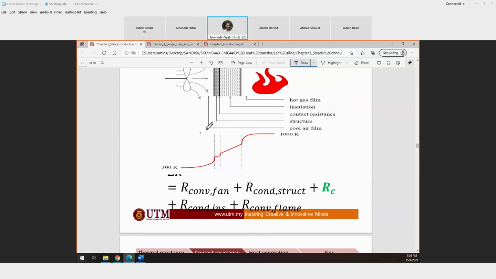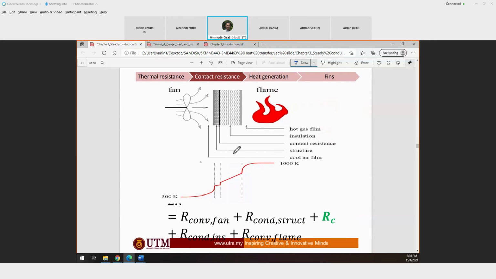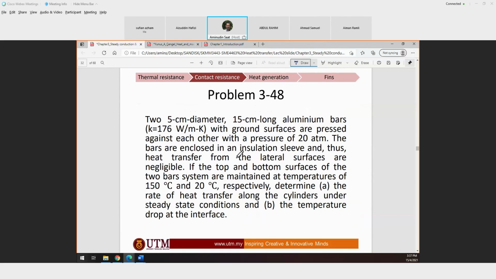Okay, so because there is a contact resistance between the insulation, okay, so you have this contact resistance. You need to consider it in your calculation if required. Okay, not necessary, not compulsory, but sometimes it is required.